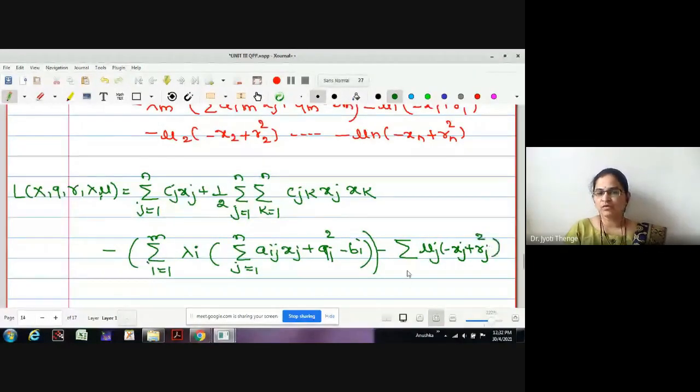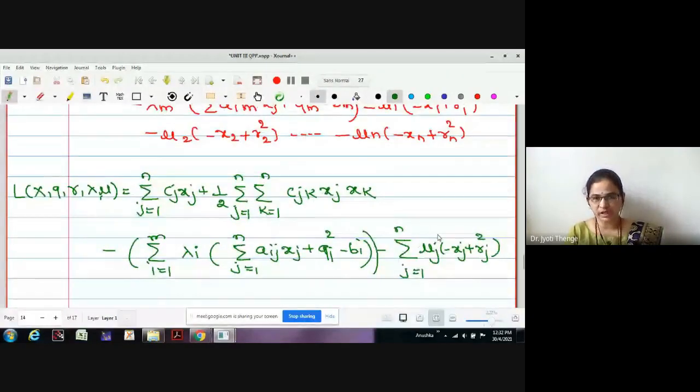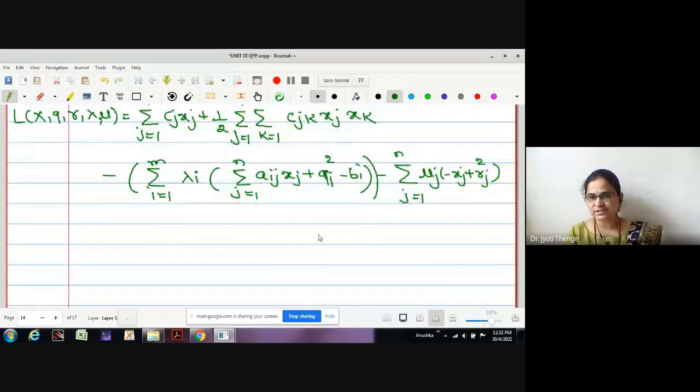Now we are going to obtain the necessary conditions. How are the necessary conditions obtained? Differentiating L with respect to the variables and equating this to 0. Rather, partial derivative I can say. Differentiating partially with respect to all the variables and equating the partial derivatives to 0. Now let me differentiate with respect to all the variables one by one.